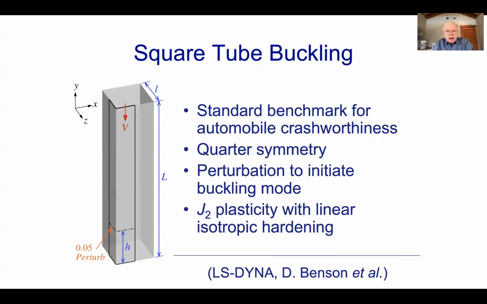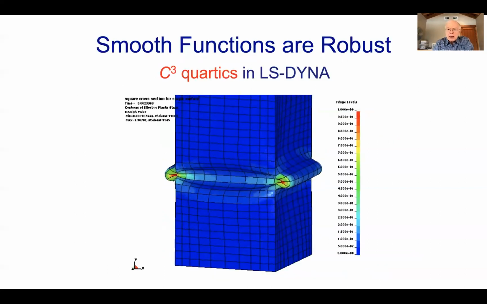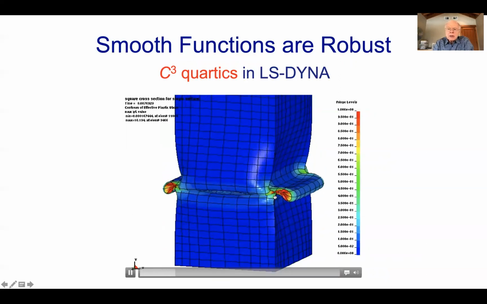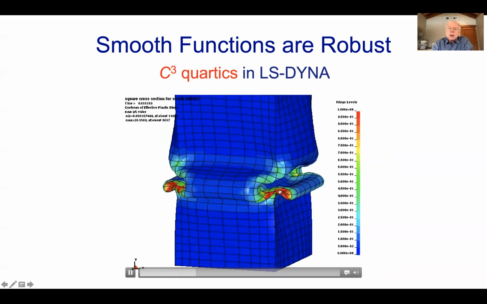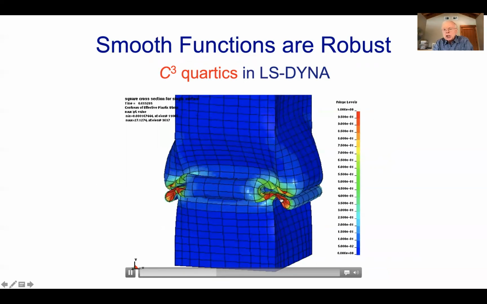And the first time we ever saw this is when these ideas were being implemented in LS-DYNA some years ago by Dave Benson. And this is a crash benchmark problem in which you have a hollow tube modeled with shells, and you are just crushing it into a wall. It does have an imperfection to get the bifurcation to this unstable branch initially to initiate it.